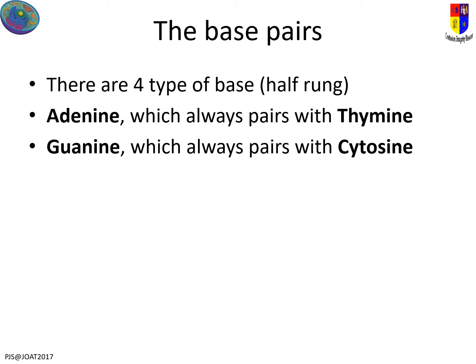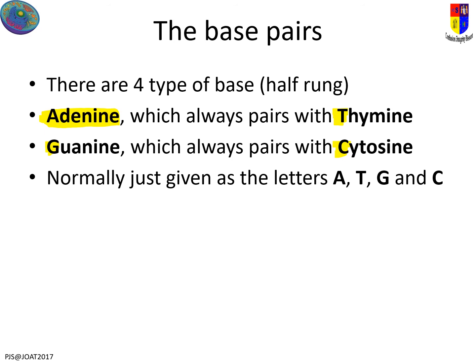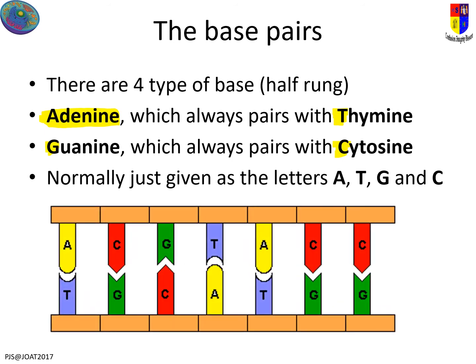Most of the time you might get away with saying A, but a couple of years ago they asked you for the name of the base and you had to give adenine, you could not just say A. So generally we just say A to T and G to C, and that's fine, but make sure you actually know the names of the bases as well, because they could be that precise. You could be shown it lots of different ways. This is a flattened out version, but it will always be A to T, like here, and G to C.